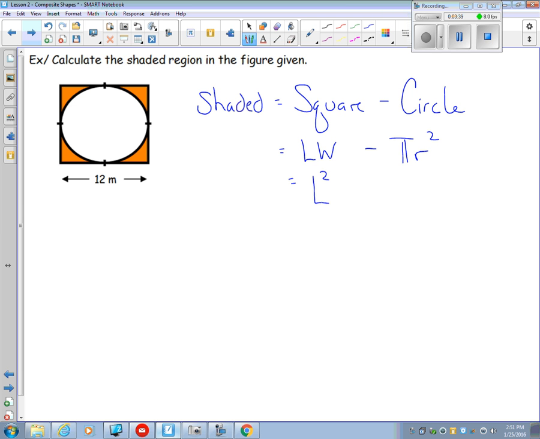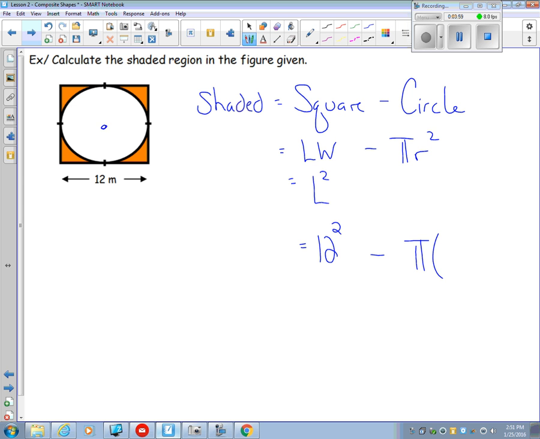Again, be careful here because radius. And if you subtract those two areas, you'll get the area of the little bits and pieces in between. So my square would be 12 squared, and I'm going to subtract, and you can do this in two parts if you want to, and then subtract later, or do it all at one time. Pi times the radius.